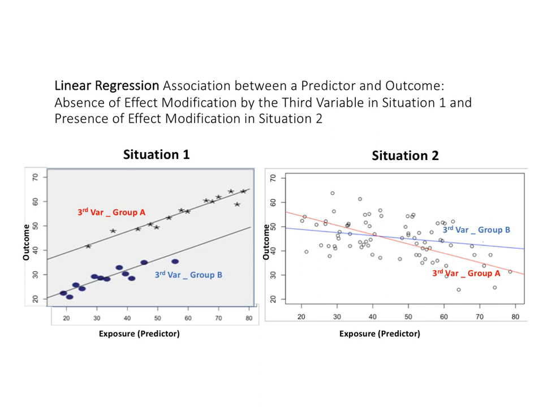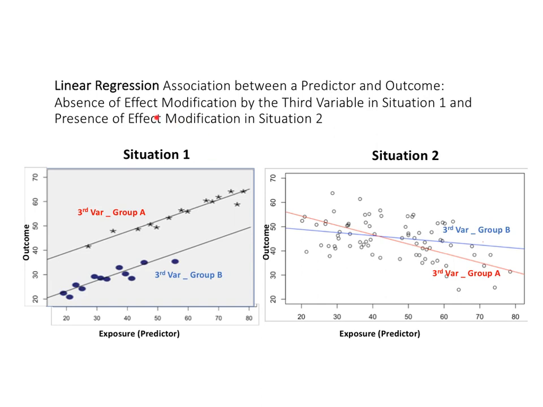Why do you say there is no effect modification in situation 1? You have here an association between an exposure or a predictor and an outcome. And using linear regression, you see that the lines for group A and group B are parallel.